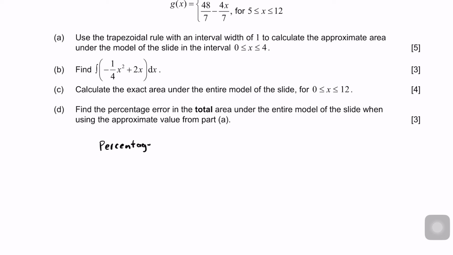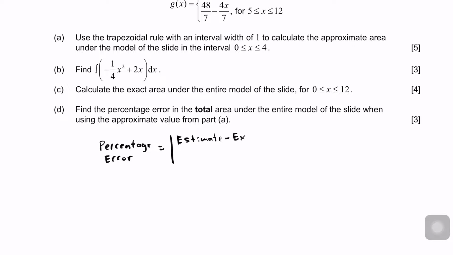All right, percentage error. And it's equal to, we want to put absolute values, which essentially says no negatives allowed. And it's estimate, I think it's maybe easier to remember, estimate minus exact.